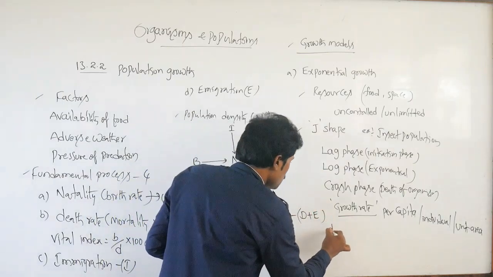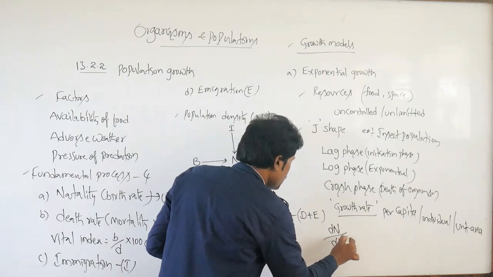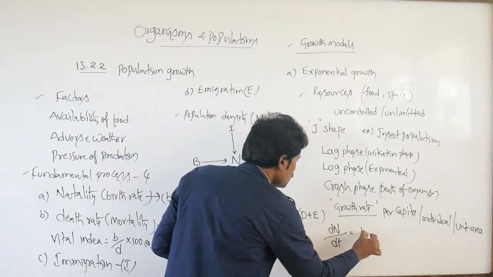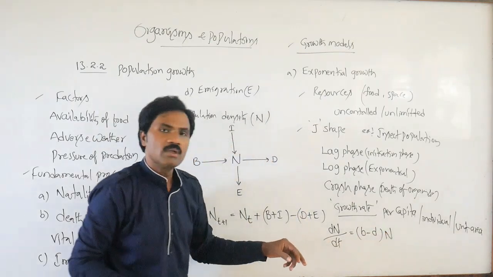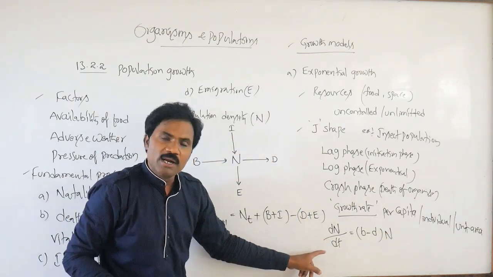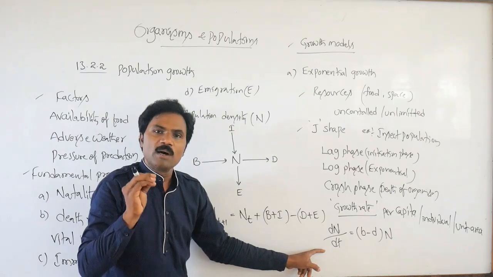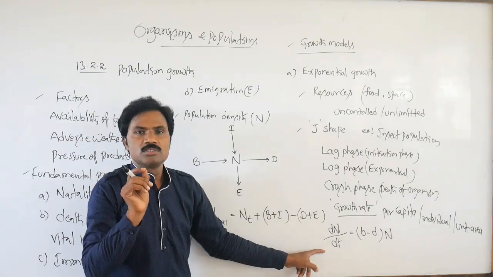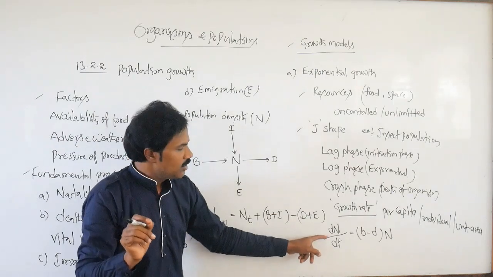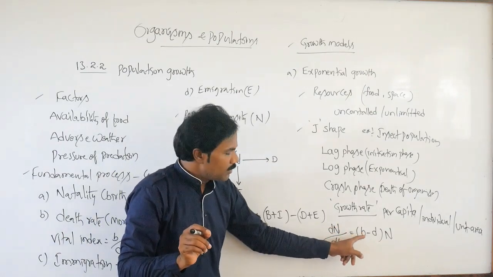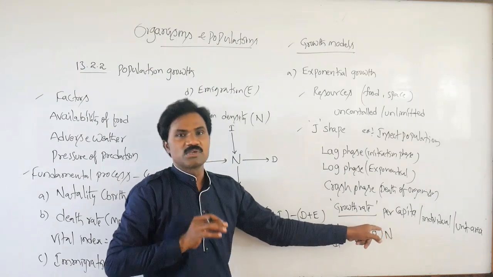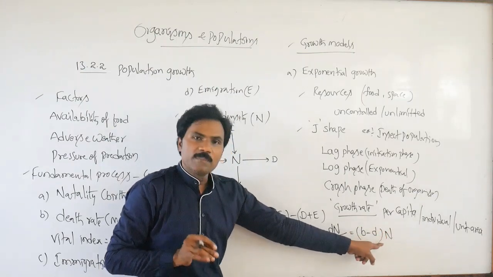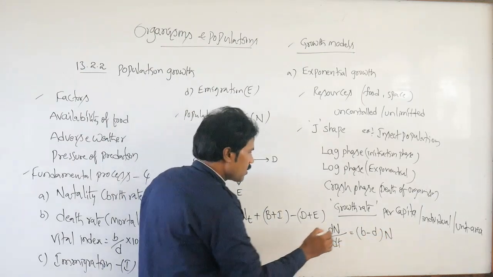Here dN/dt equals (b minus d) times N. What is meant by dN/dt? Changing of population size. The change in population size is equivalent to the birth rate minus death rate times the original population size. Here, N represents population size.